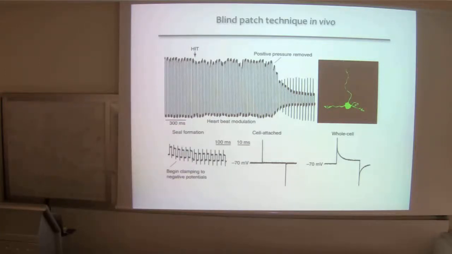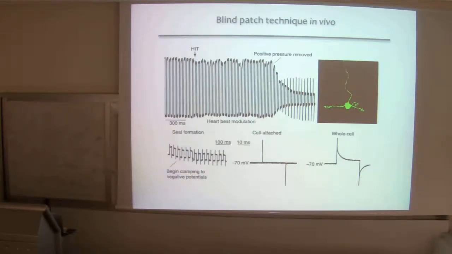Then we'll take maybe two micron steps to really impinge on the membrane of the cell. Resistance is going higher each time, and then we know we're next to a solid structure, which is probably a cell membrane. Then we vent to atmospheric pressure, and the membrane comes back onto the patch pipette, and we can form a cell-attached recording, which in itself is a good recording configuration, because without perturbing the interior of the cell, we can monitor the spike output if we give a sensory stimulus.